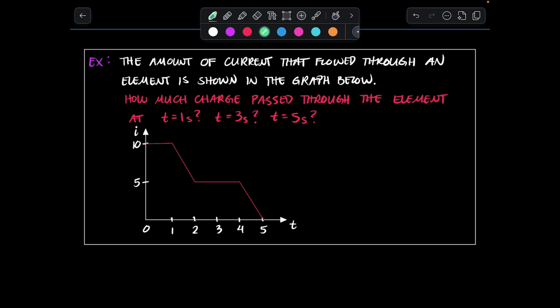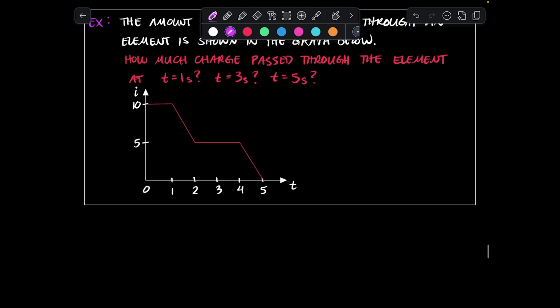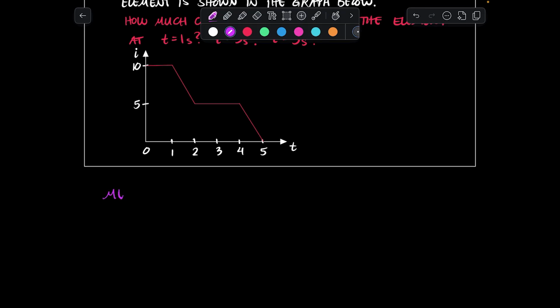Okay, so there's actually 2 main methods of solving this kind of problem. The first method, we're going to call the area method.